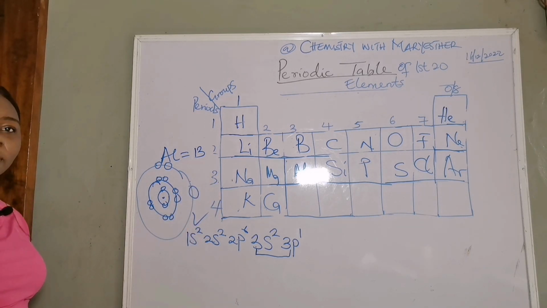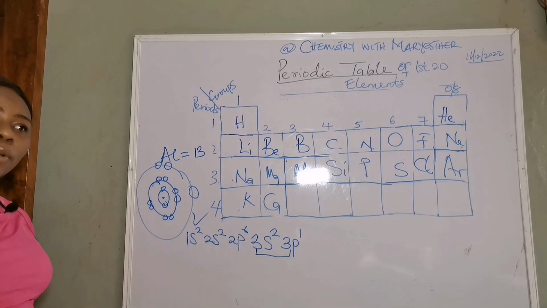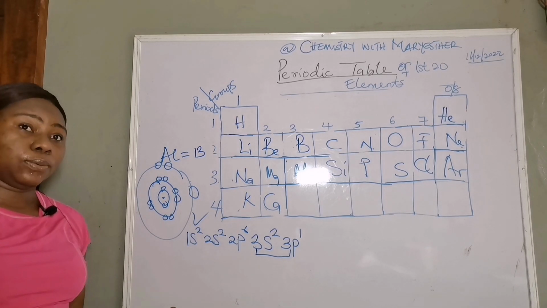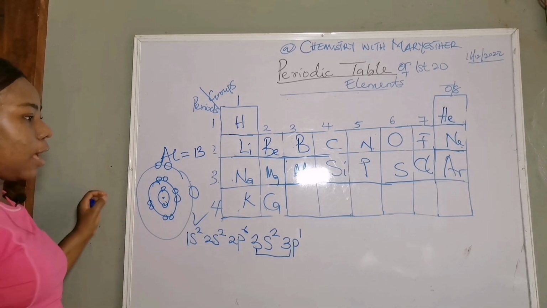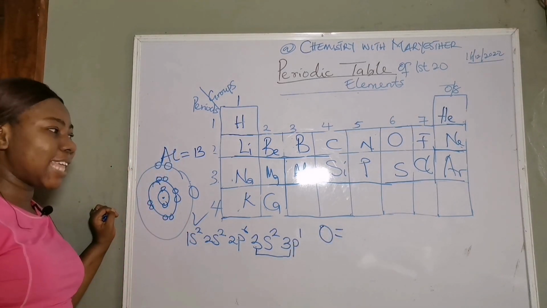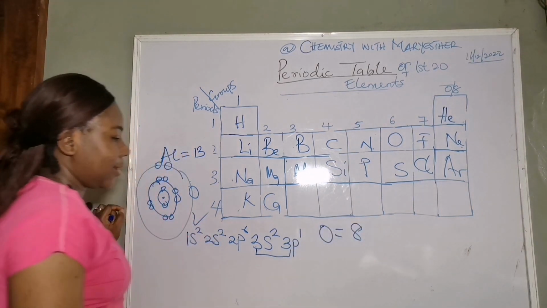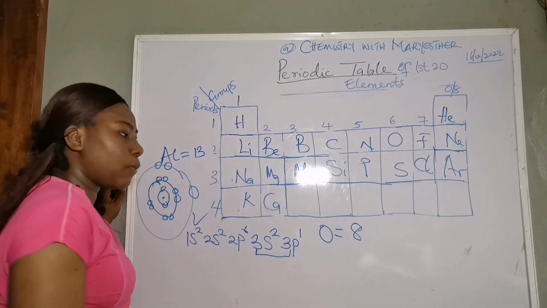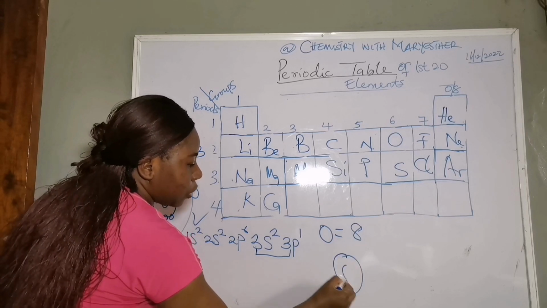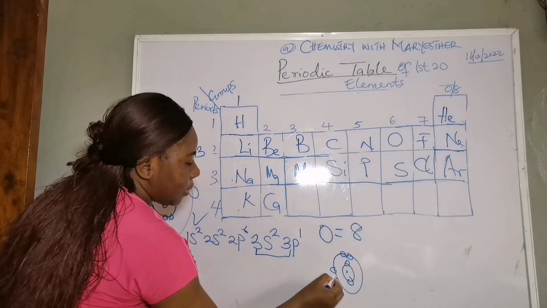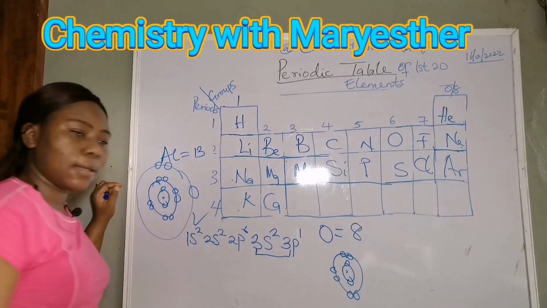Let's try another one so that it will be different again. Let's try oxygen. Let us find out the period and the group oxygen belongs to. Now let's go. Atomic number of oxygen. I know you're going to guess 8. Let's use the SPDF, or first of all the simple method. Inner shell should contain 1, 2, 3, 4, 5, 6, 7, 8.